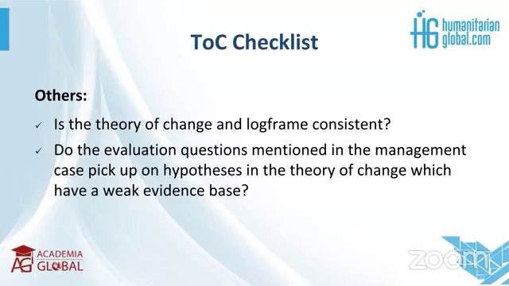You are able to look at your evaluation questions and how they will either strengthen your theory, add value to your theory, or give information on the weak points that you've identified in your theory. Remember, I said in the causal links, there are strong links and there are weak links. So as you do these questions, you want to find out: is this really a weak link? Is this really a strong link as we perceive?